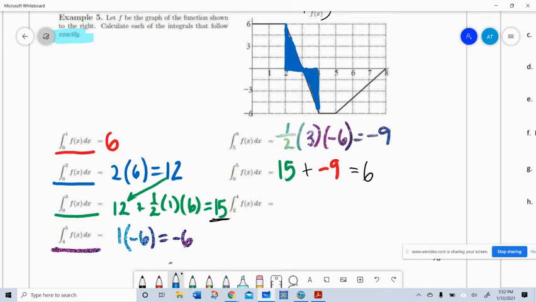And it looks to me like those two triangles have the same area. And so I've got a positive and a negative. So I'd have a +3 and then a -3. And that's going to give me a net area of 0. So the integral from 2 to 4 is actually going to have a value of 0 because those areas are going to cancel each other out.